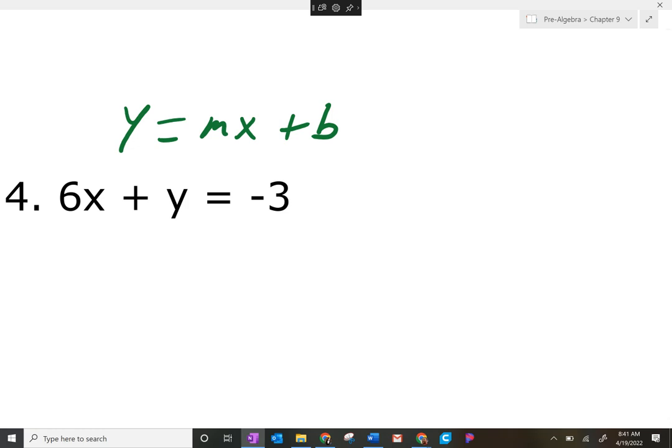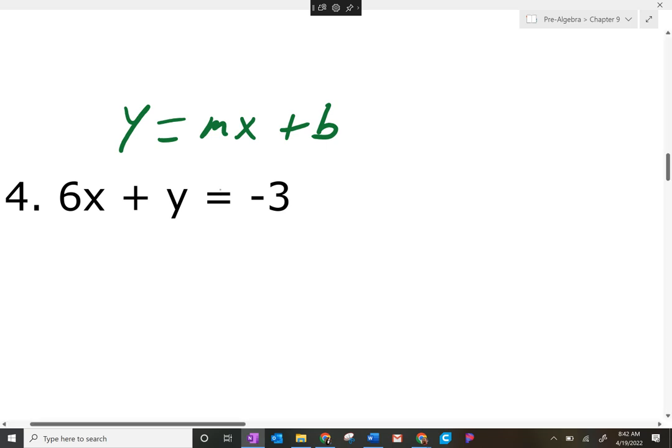Any thoughts on how I can make y on a side all by itself? Yes, Hannah. Y equals 6x plus 3. Okay, so what'd you do? I took the negative 3 and I added the 3 back to her. So you move some things from one side to the other side, right? Perfect. That's exactly what I was looking for.